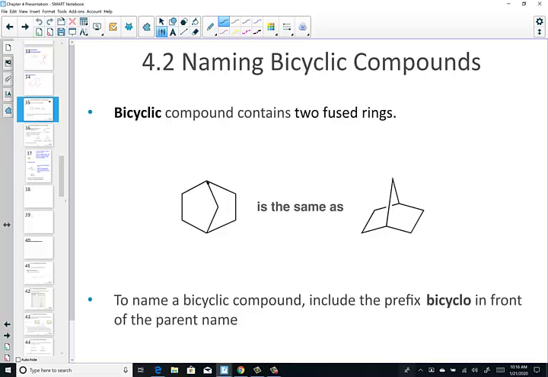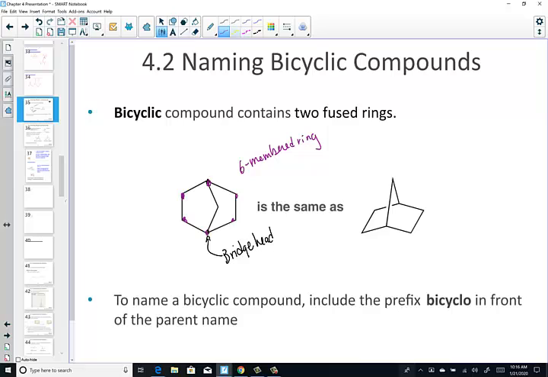And so, for instance, notice in this particular structure, we have carbons, which we'll refer to as bridgehead carbons, that are actually fused into two different rings. And I'm going to color code these. The carbons that are in the first ring look to be a 1, 2, 3, 4, 5, 6 membered ring.